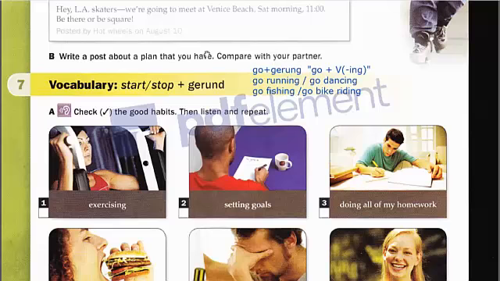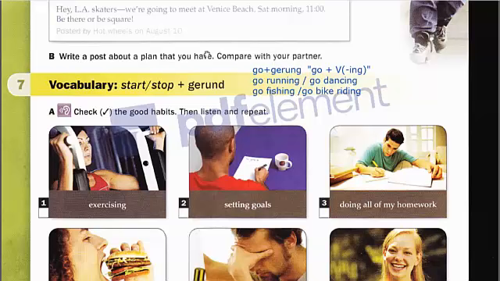And at the same time, we're going to see in this video some formal and informal language at the time of using will, going to, and the present progressive tense.